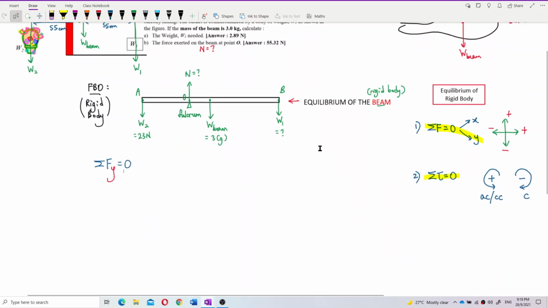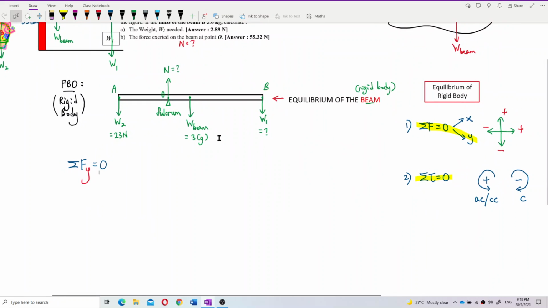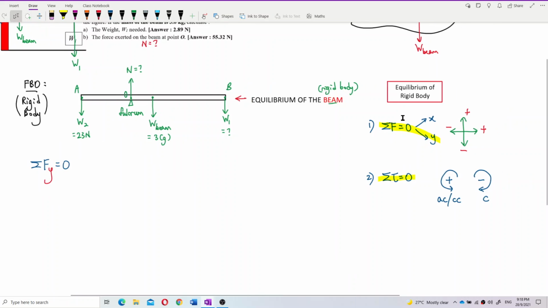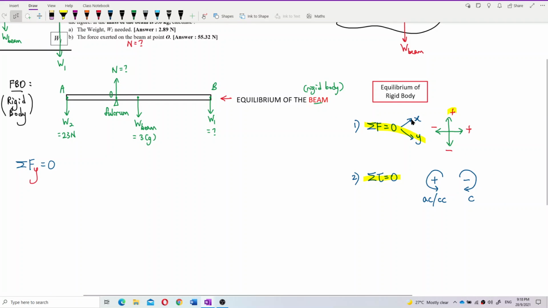So now, let us start. Which are the forces going upward? Normal force. So normal force is positive. Normal force going up, positive. So forces going up, we just look at the y component. All the forces going up is positive. Forces going down will be negative.